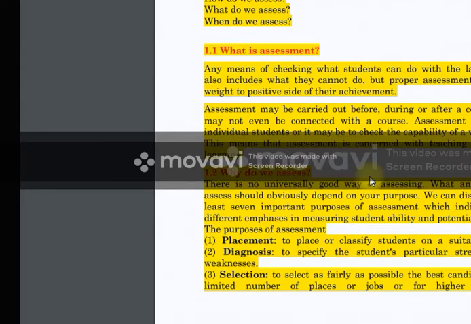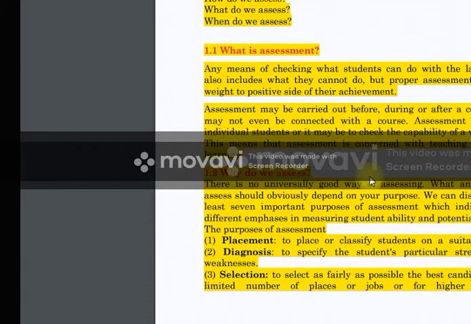So in this we are trying to classify students according to their background language knowledge, to be enrolled in a specific level within the course. So this is what is meant by placement.